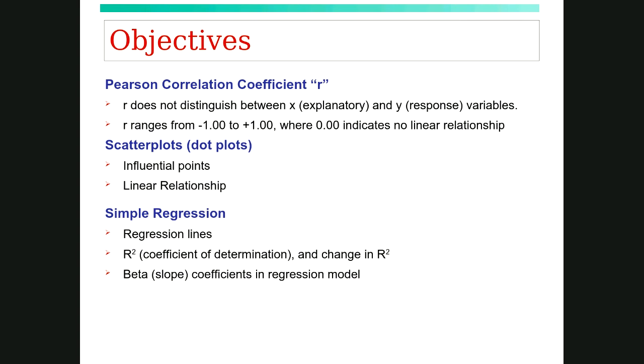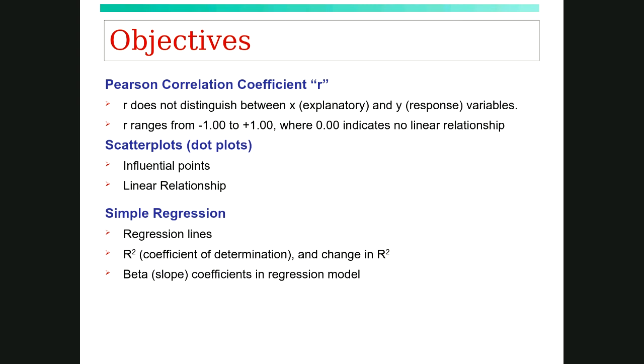Correlation is looking at the strength and the direction of a relationship between two variables. There are instances where it can be more than two variables, but again, our basic correlation looks at two variables. It doesn't distinguish between explanatory and response variables, so it's not like there's an independent variable and a dependent variable.